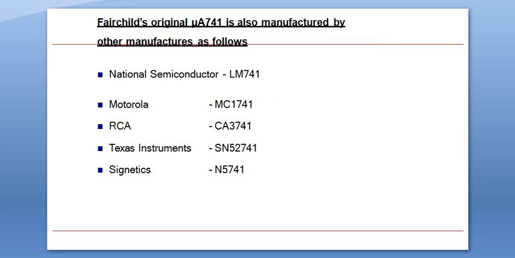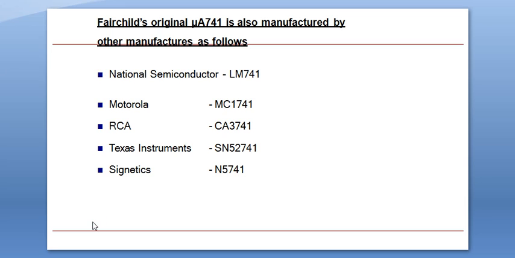So a few of the manufacturers of the 741 IC, that is the OpAmp IC, are National Semiconductor, LM741; Motorola, MC1741; RCA, CA3741; Texas Instruments, SN52741; and Signetics, N5741.